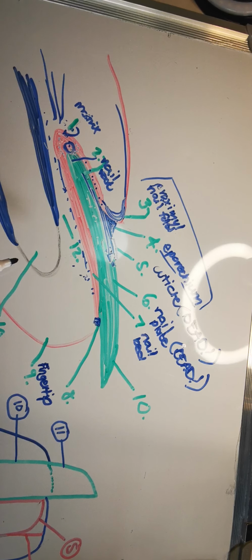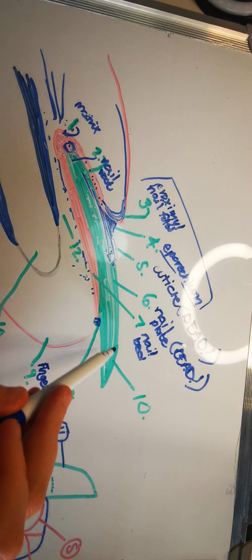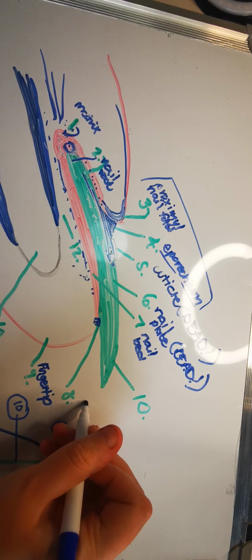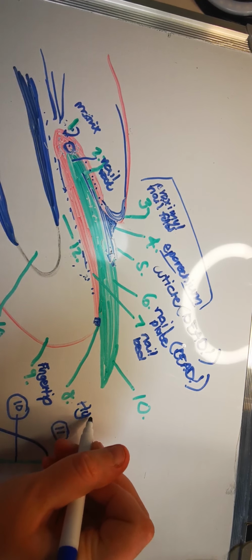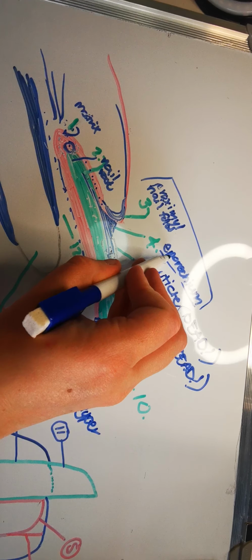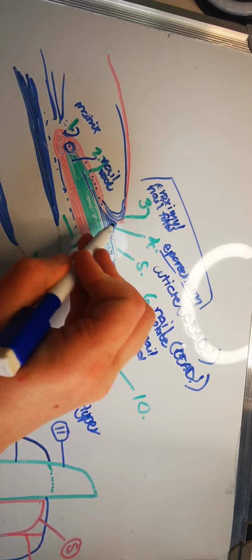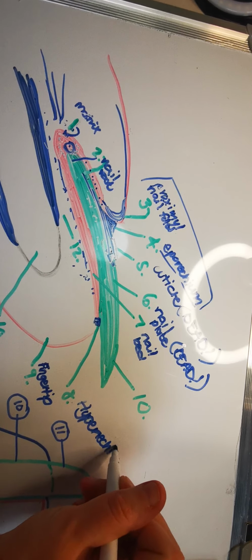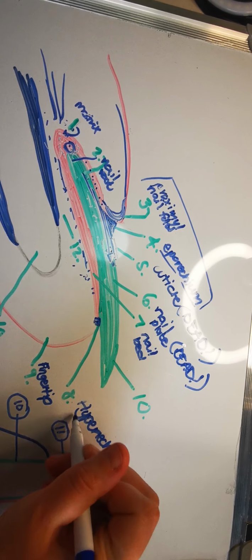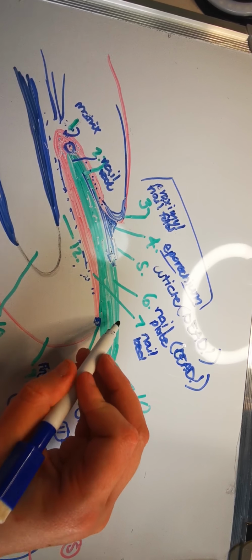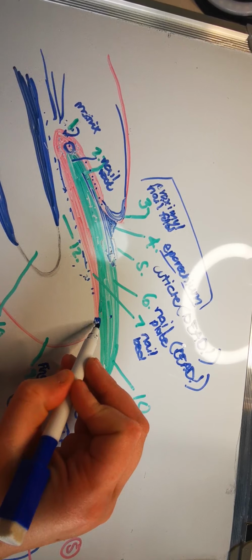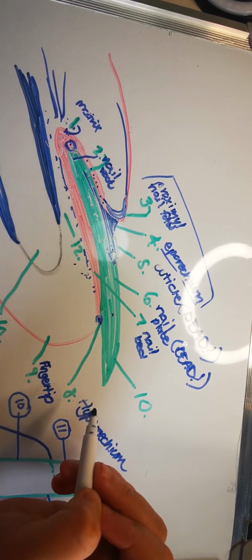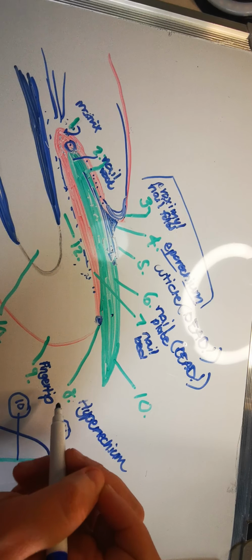Then we move on to number 8, which is important. This is the hyponychium. The eponychium is the top, hyponychium is the bottom seal. This attaches the nail plate to the nail bed and seals that so that no bacteria can get in there.